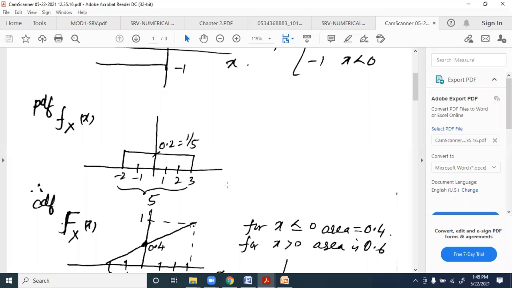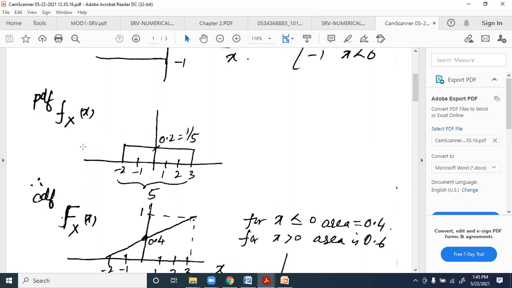The range of values is 3 minus (-2), which is 5. Because this is 5, the uniform value over here is 1 by 5, which is equal to 0.2, because the area should be equal to 1. Overall, this is the PDF.